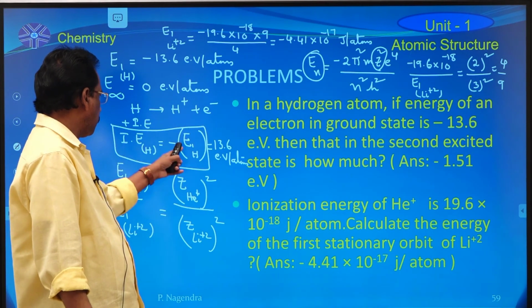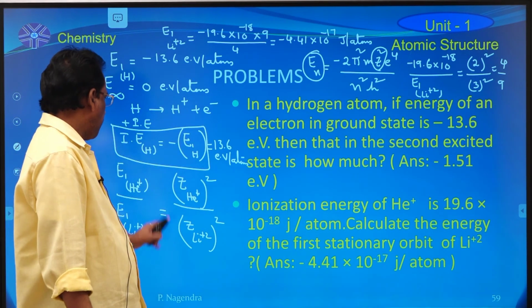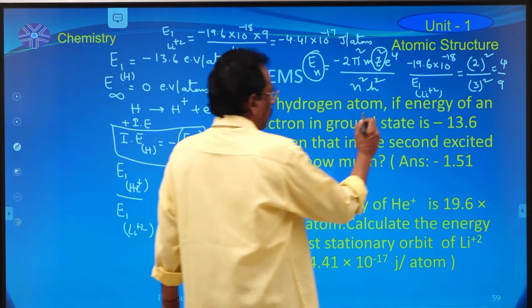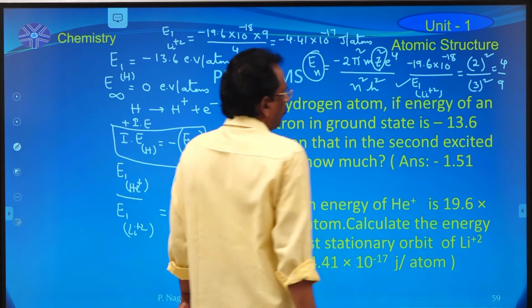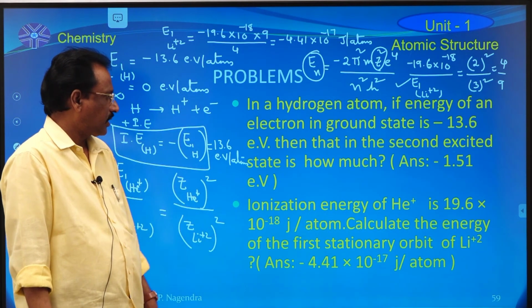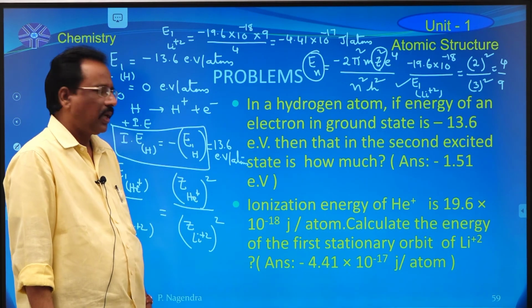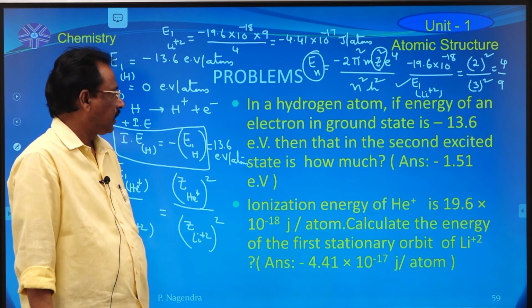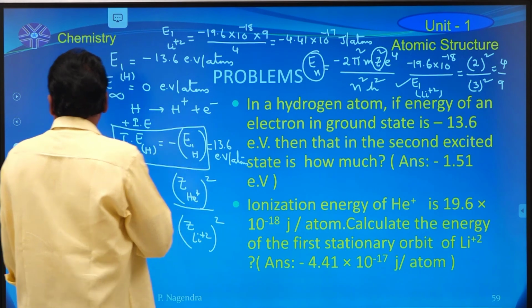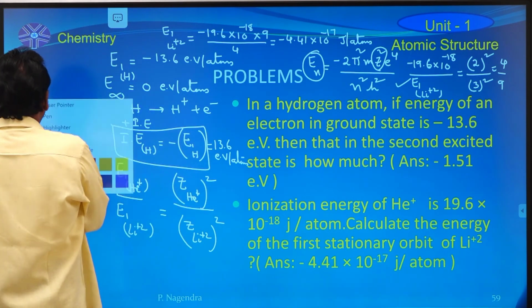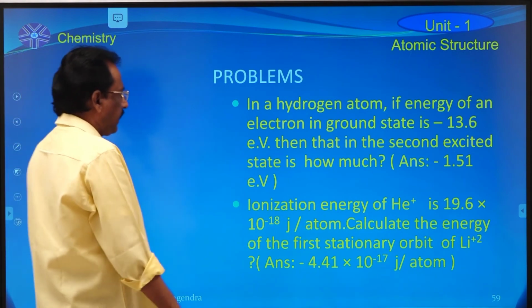So this is the main clue here, and by applying the ratio between these two, it is possible to calculate the energy of the electron in the first stationary state of Li plus 2 ion. So this is about Bohr's theory of hydrogen atom, its merits and demerits.